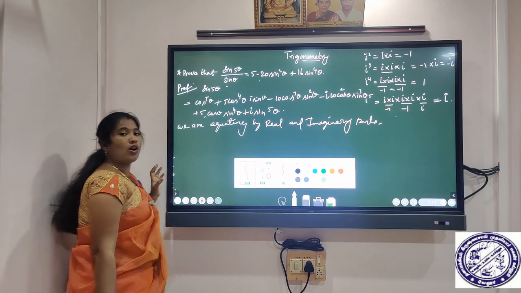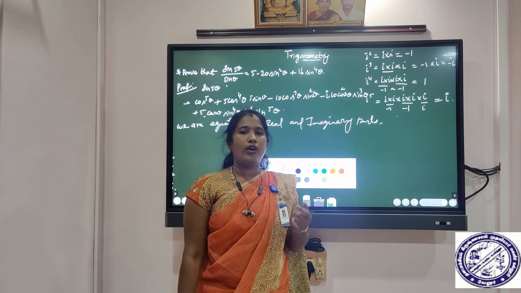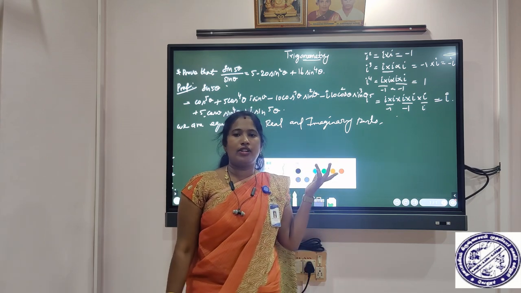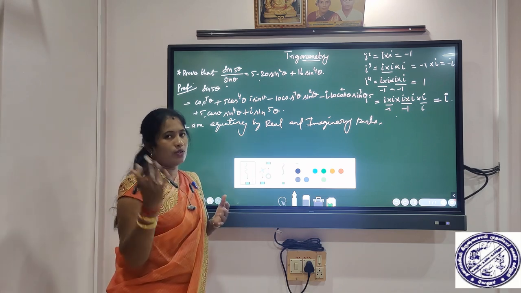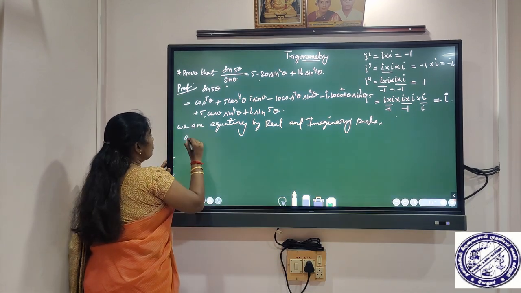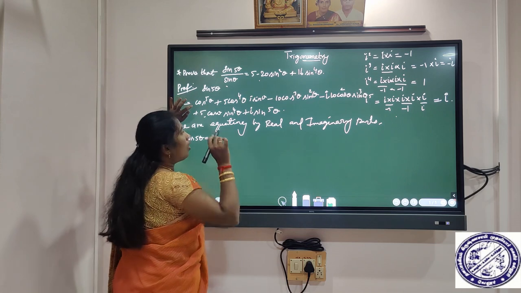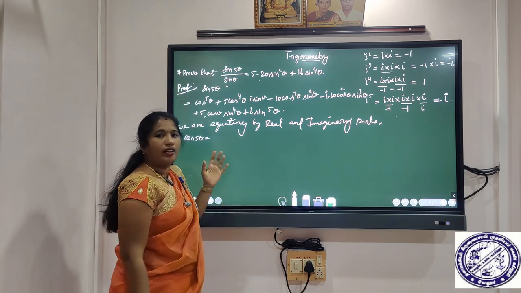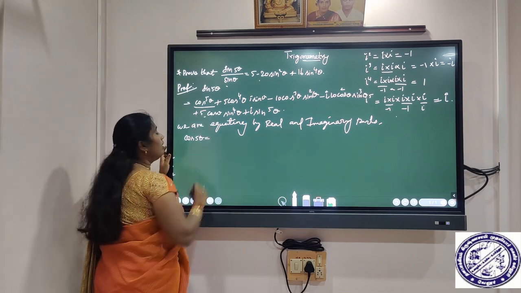The left hand side is cos 5 theta plus i sin 5 theta. First we are going to equate the real parts, afterwards we will consider the imaginary parts. All i terms are called imaginary, others real. Here there is no i, so this is called real part.